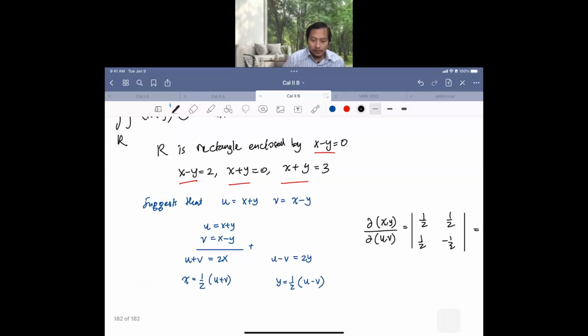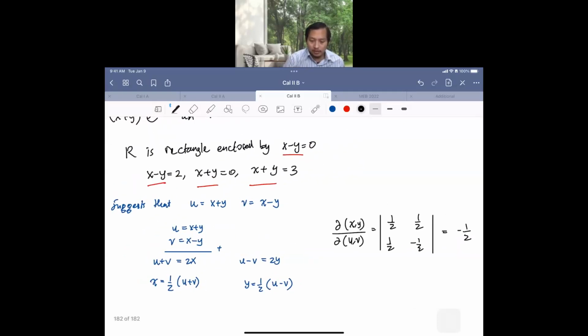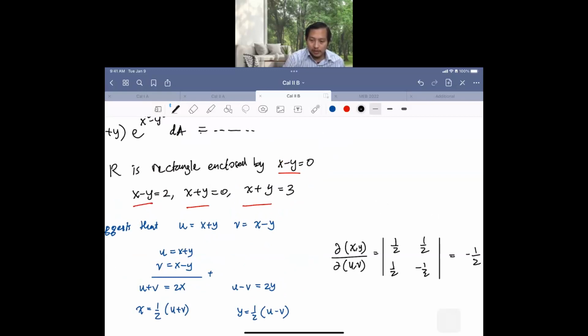So from the line equations of this rectangle, we can conclude that u goes from 0 to 3, and v goes from 0 to 2.